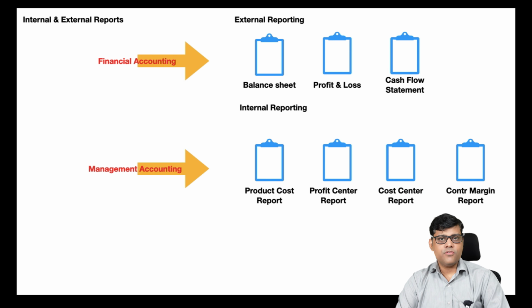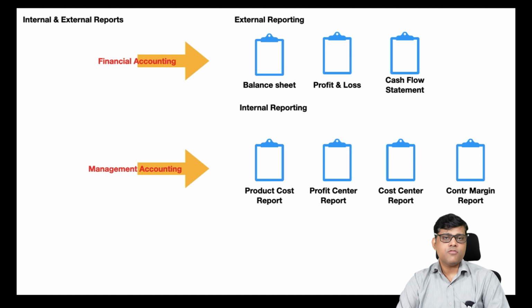Basically, as you know, finance is your external reporting and CO is your internal reporting. Whatever outcomes you generate, if it is a balance sheet, that is related to FI. If it is a P&L or income statement, that is again related to FI. If it is a cash flow statement, related to FI. Whereas from the management accounting point of view, you have reports related to cost of production calculation, your profit center reports, your cost center reports, margin analysis report, and contribution margin report.